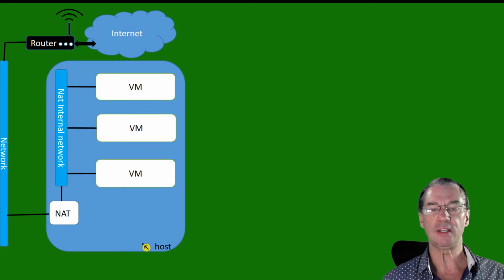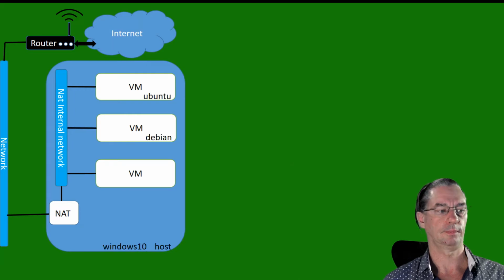The host is a Windows 10 machine, and the 2 VMs will be Linux machines. As you can see, I have an Ubuntu machine and a Debian machine.